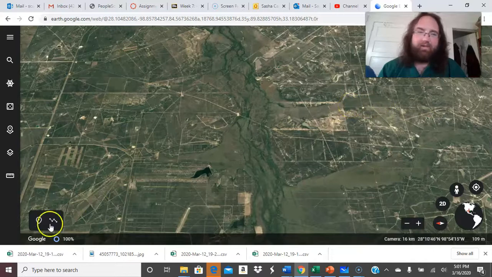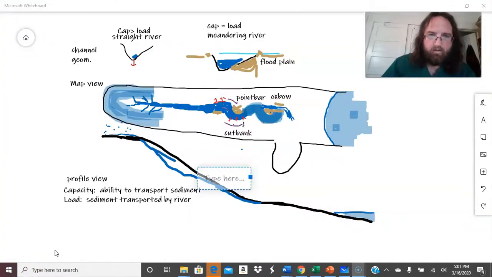When you get the following circumstances, variable flow rate, you're going to get variable capacity and load, and your load is actually going to be slightly often greater than your capacity.